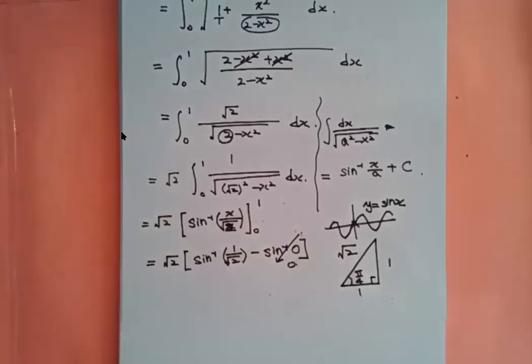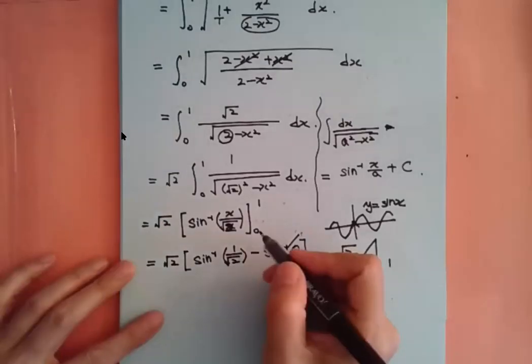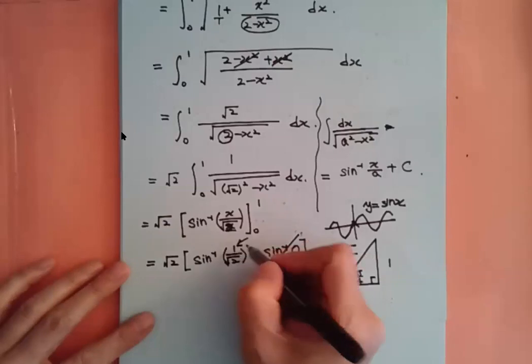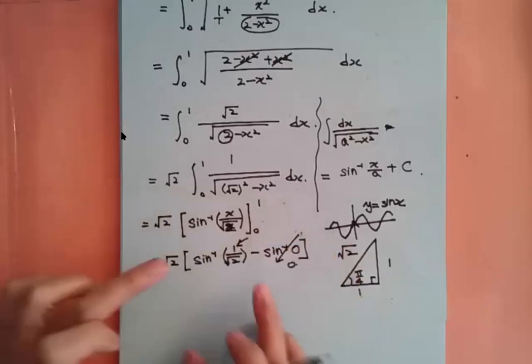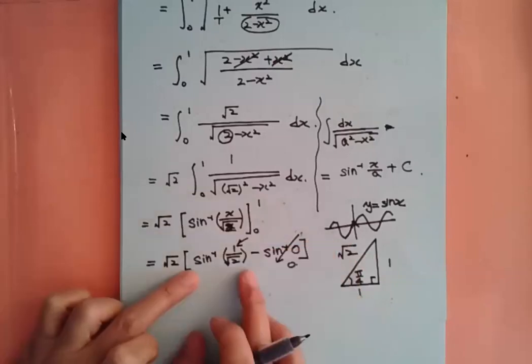So the inverse image of this one: we are looking for the angle value, which is located between negative pi over 2 and pi over 2, and whose sine value is 1 over square root of 2.